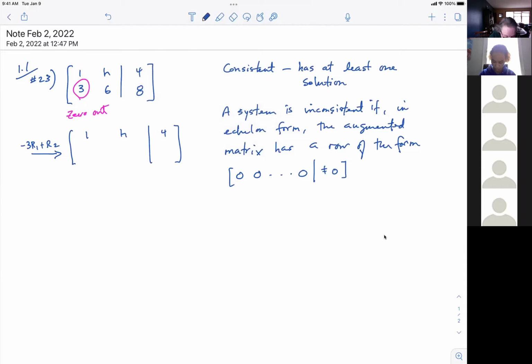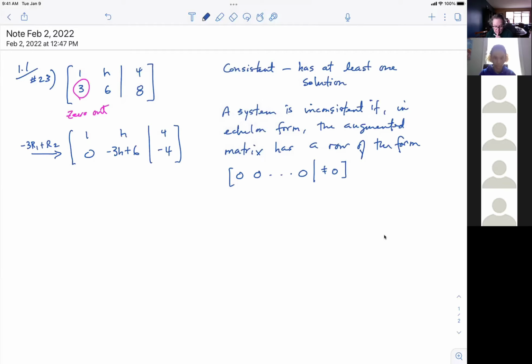Second row, we're going to get a 0 there. We're going to have -3 times h plus 6, so we just leave that like it is. And then -3 times 4 is -12 plus 8 is -4. All right, that look right?